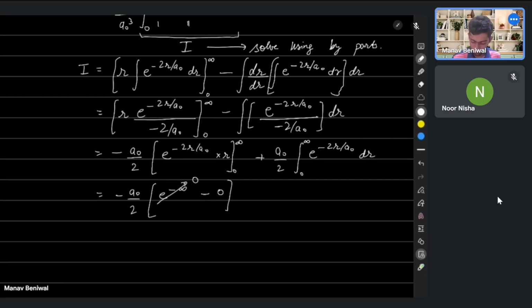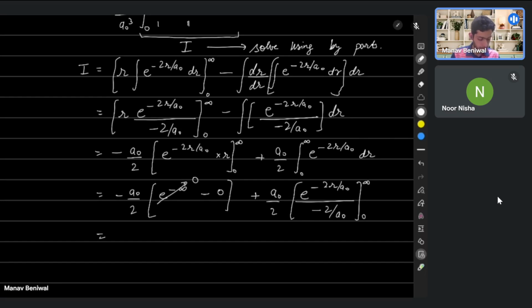And here we have a naught by 2, and again integration of this we have already done multiple times, upon minus 2 by a naught, and we have to put the limits 0 and infinity.